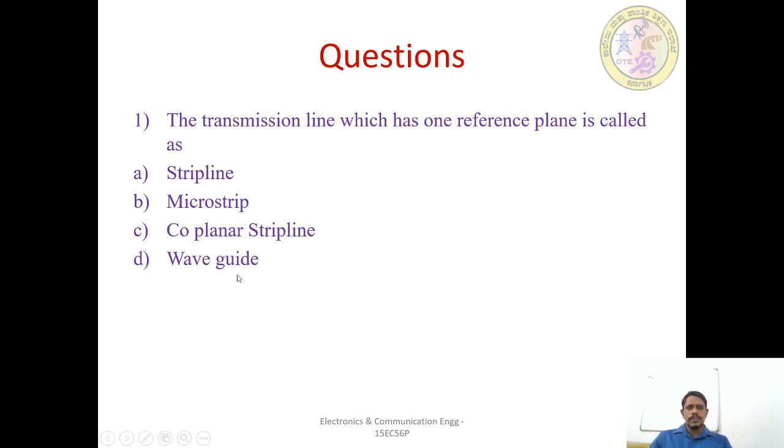Now questions. The transmission line which has one reference plane is called: A. Strip line, B. Microstrip, C. Coplanar strip line, D. Waveguide. Strip line has two reference planes. Microstrip line has one reference plane.